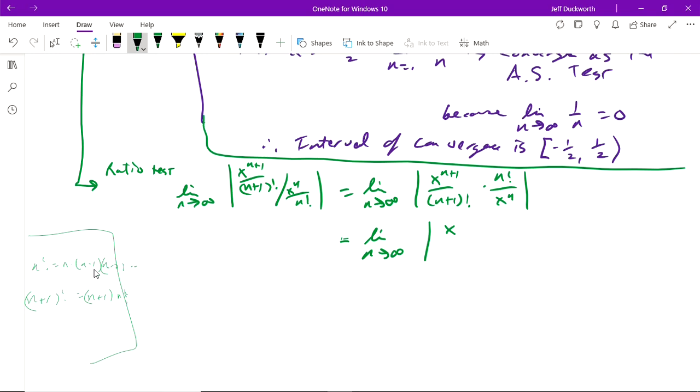Then we can cancel the n factorials and we're left with just n+1. Does that make sense, I hope?